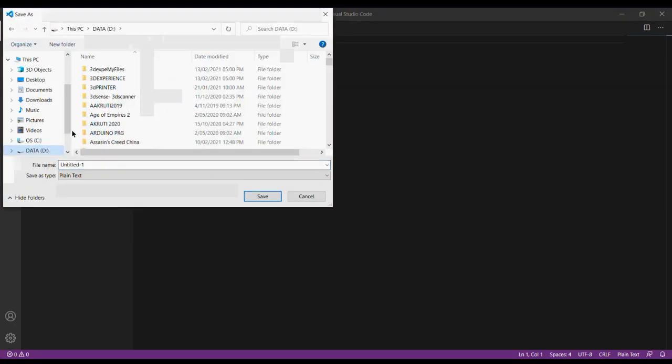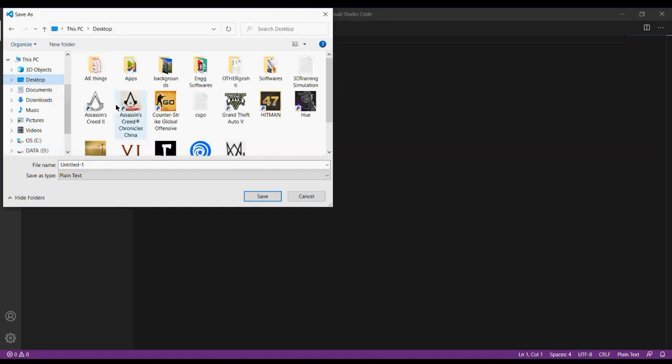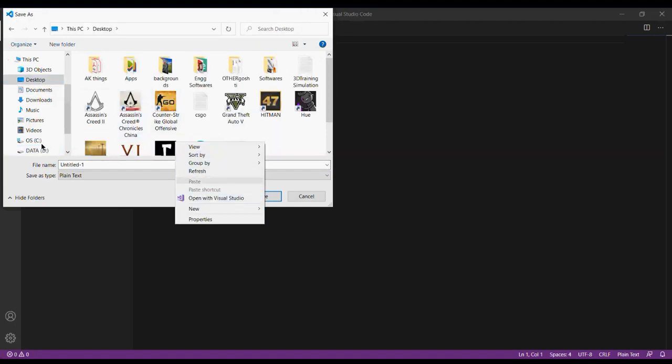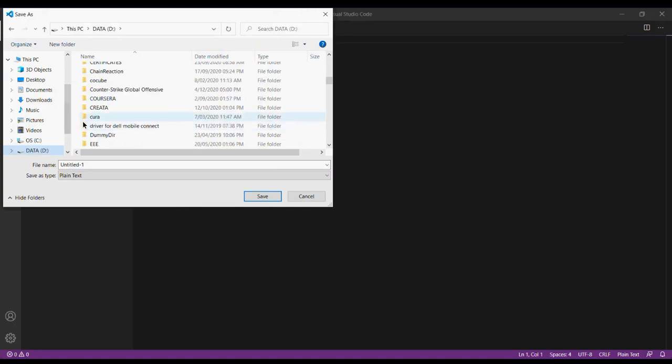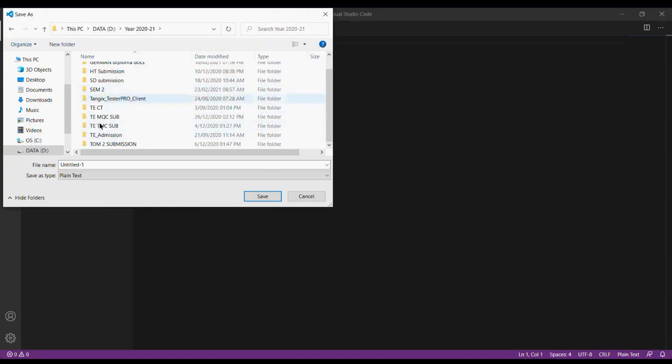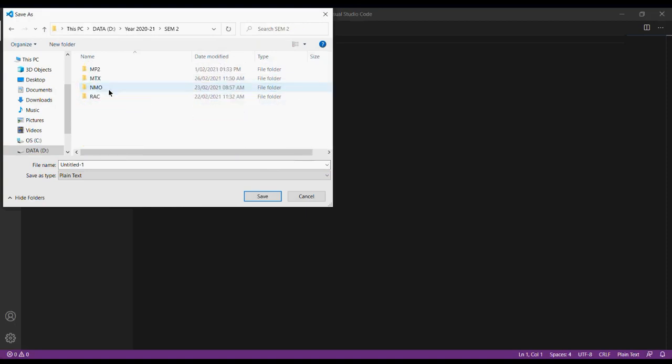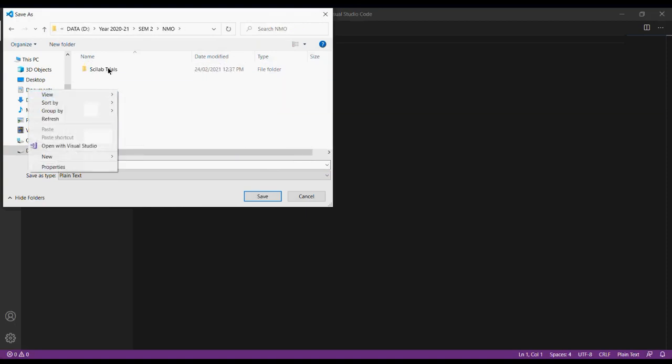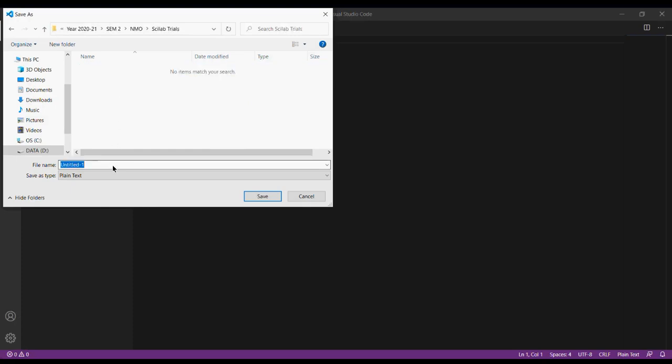Okay. So on desktop you save or somewhere else, wherever you feel comfortable, go there. So now you scroll down, set save as type.